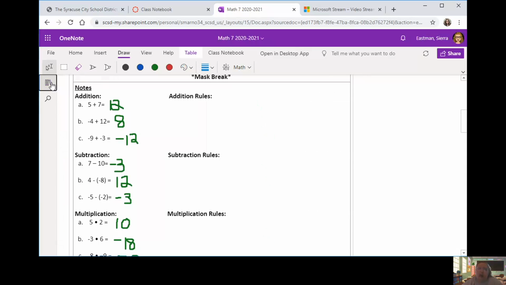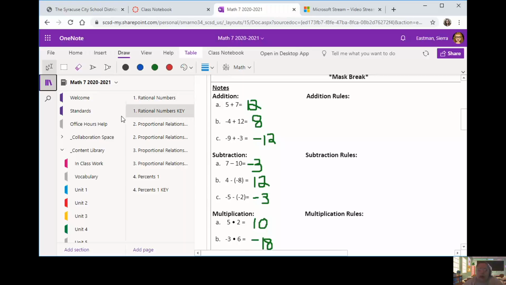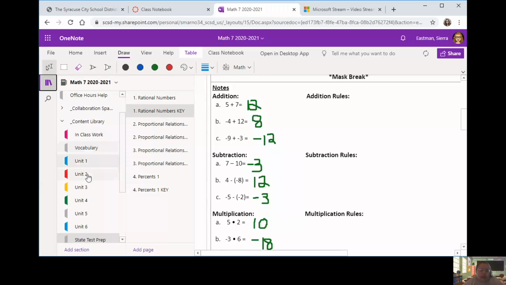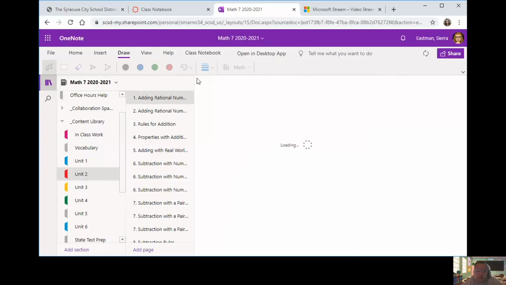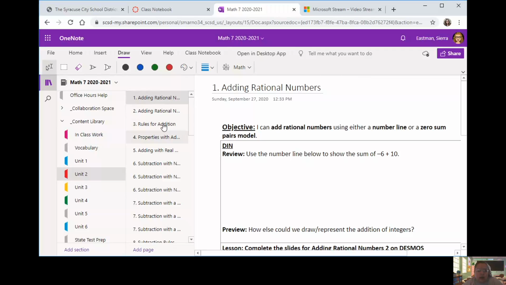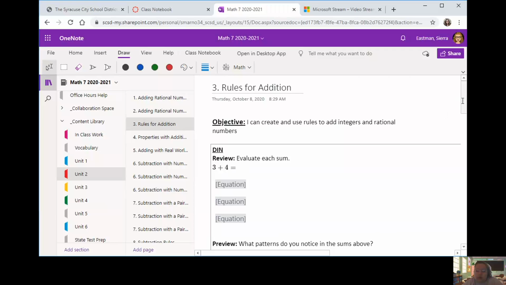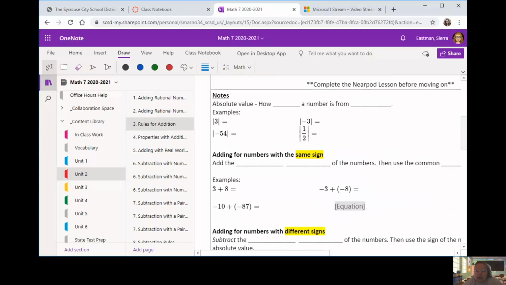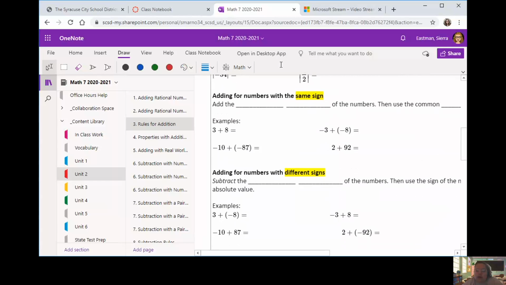Actually, let me go back and show you guys where we are getting these rules from. We did these in Unit 2, and we had a bunch of different pages, but page 3 was our rules for addition. And so we had already figured out some of these rules.